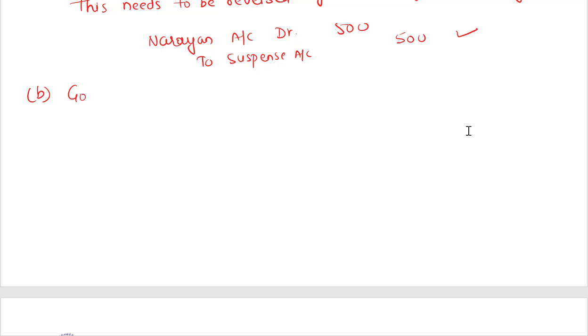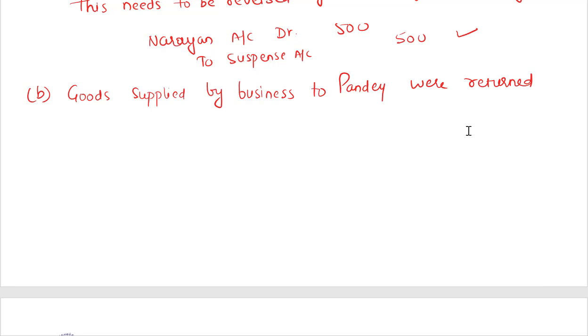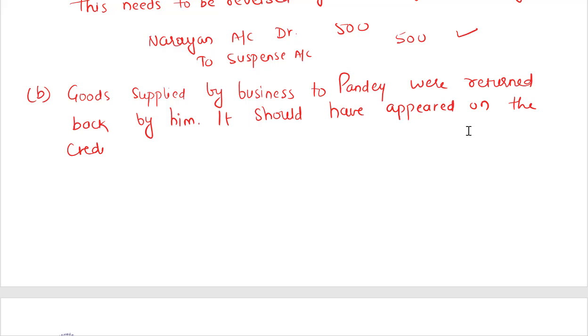B. Right, goods supplied by business to Pandey were returned back by him. It should have appeared on the credit side of his account.